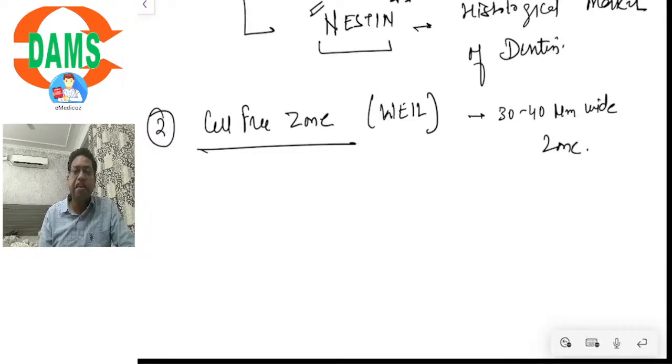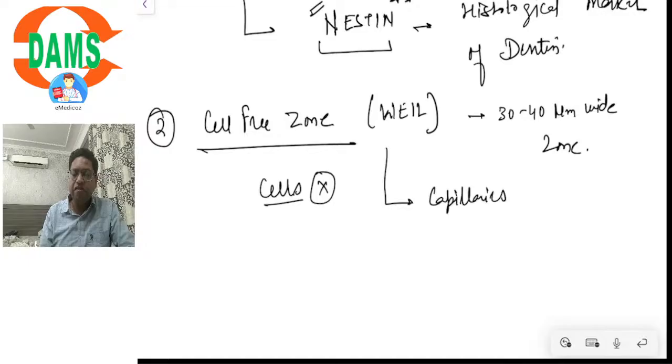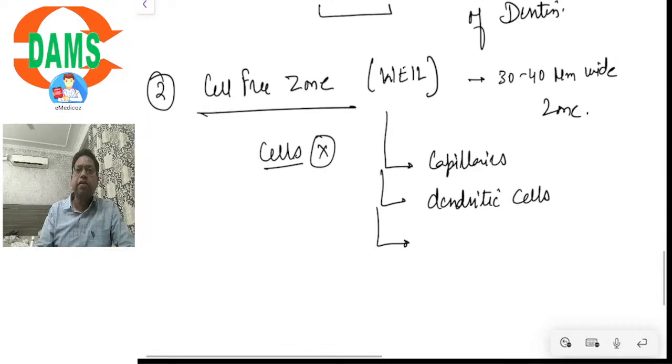As the name indicates, no cellular structures are present in this zone, but it consists of certain small capillaries and dendritic processes.